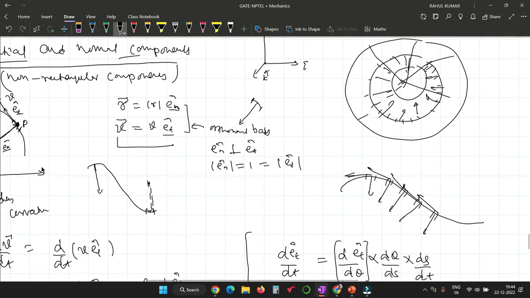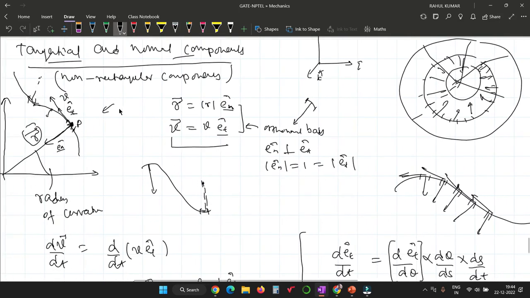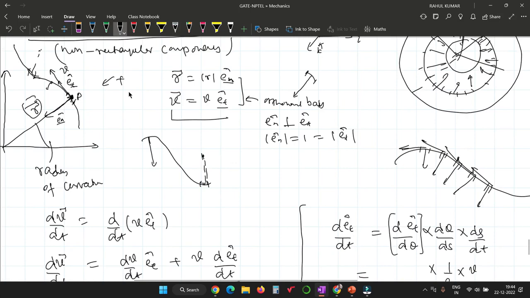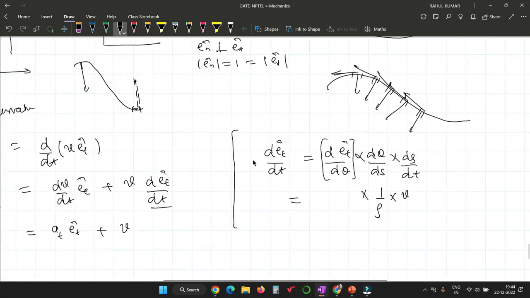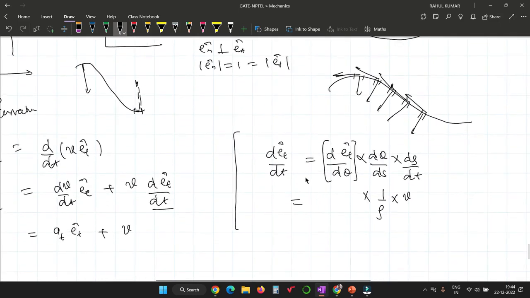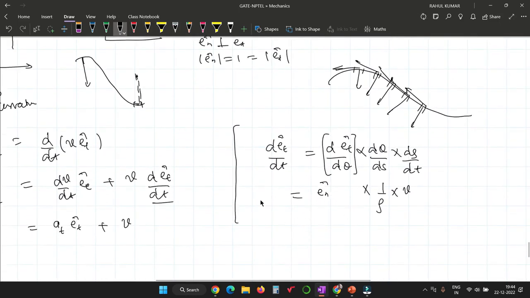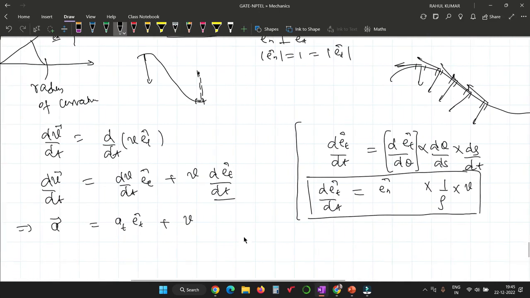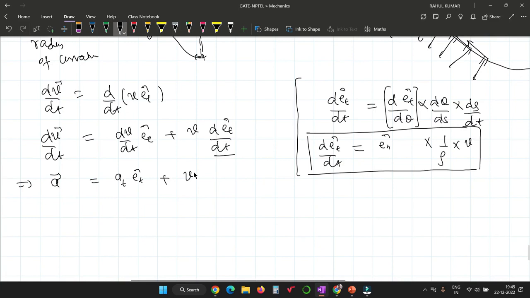Not minus. Here I am assuming this direction as positive. You can take that also, but here I am assuming this direction as positive, so it is En. I think this is the first time you have seen the derivative of a unit vector, am I right or not? Yes, sir. So d Et by dt, you can write as V by rho En.